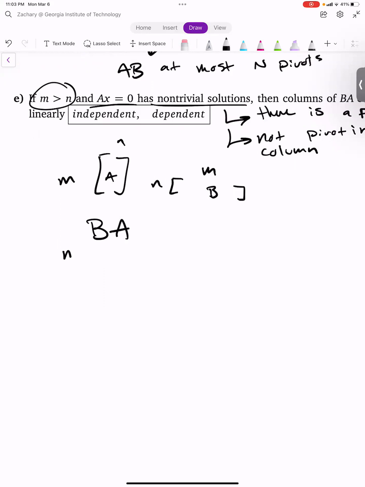B is N by M, A is M by N. Box these up. Hey, they can be multiplied, how surprising. N by N. So that means BA is N by N.